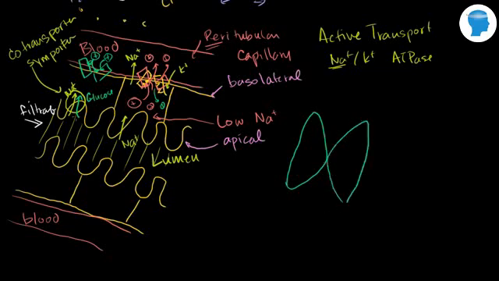Maybe you have more sodium on this side than you have on this side. So sodium is more likely to bond here. Maybe glucose will bond here. This is just a simplification. But when they bond, this protein is going to change its shape. It's going to change its shape to look something more like this when they bond. And now the sodium is going to be here, and the glucose is going to be here.